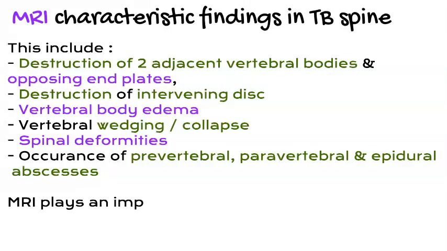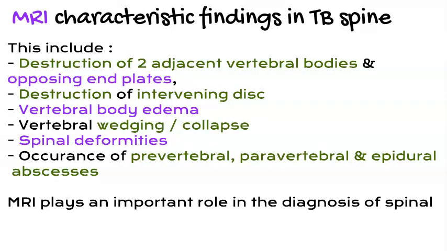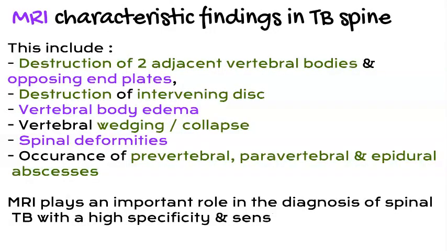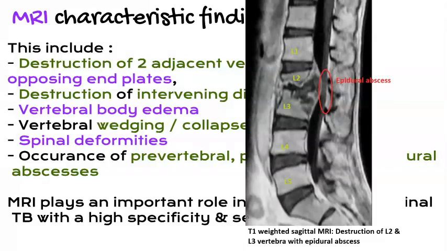MRI plays an important role in the diagnosis of spinal TB with a high specificity and sensitivity. This T1-weighted sagittal MRI shows a destruction of L2 and L3 vertebrae with epidural abscess.